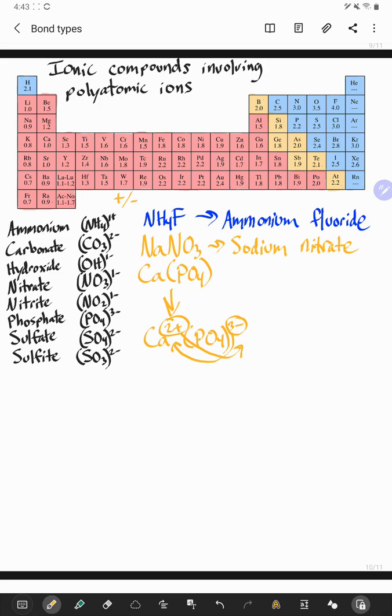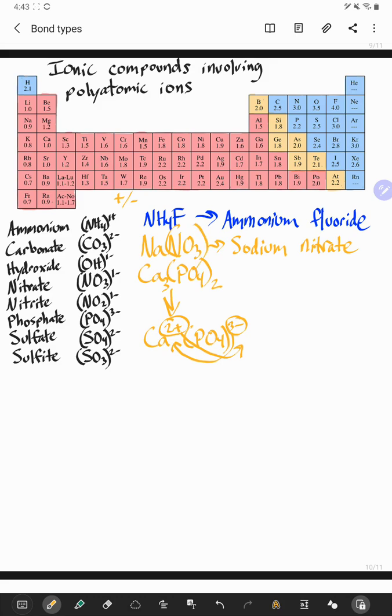So that tells us that this is going to be Ca3 PO4 2. First of all, I like to write it with parentheses, and then I usually like to leave the parentheses. Well, I guess I don't always leave the parentheses.